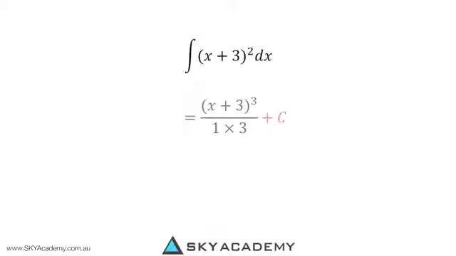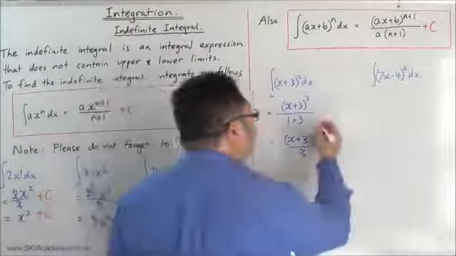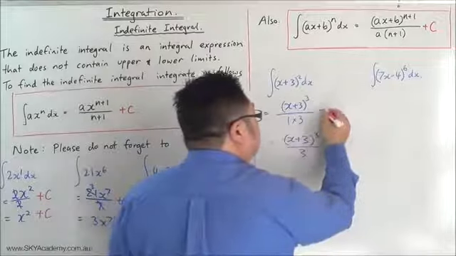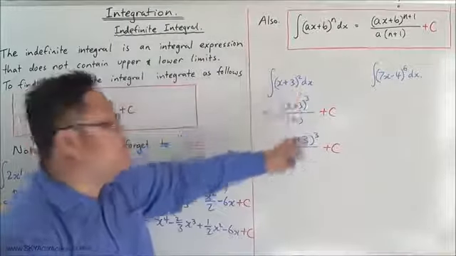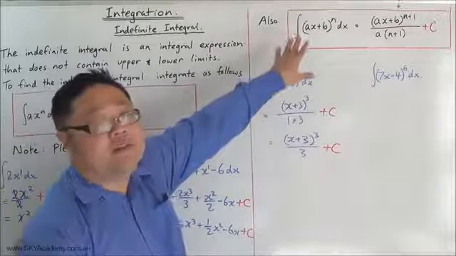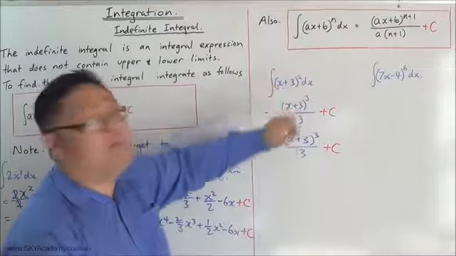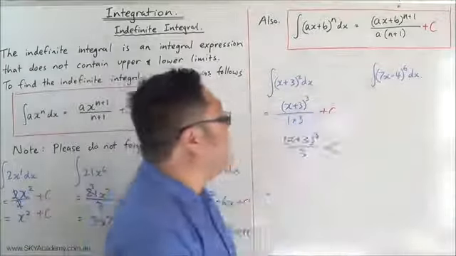So your answer should be x plus 3 cubed on 3. Got it? Now let's just make this official by adding c on the end, and that is how you do an indefinite integral that takes on a binomial form.